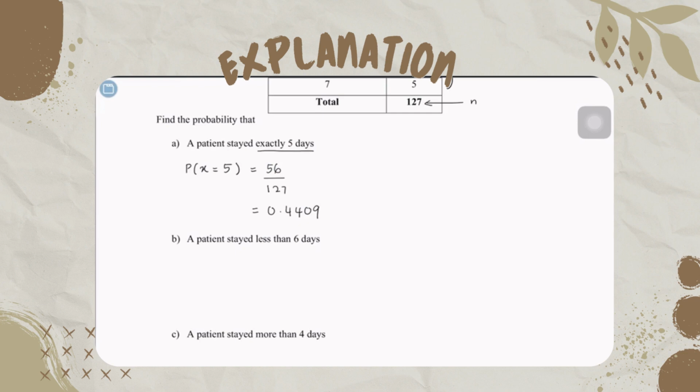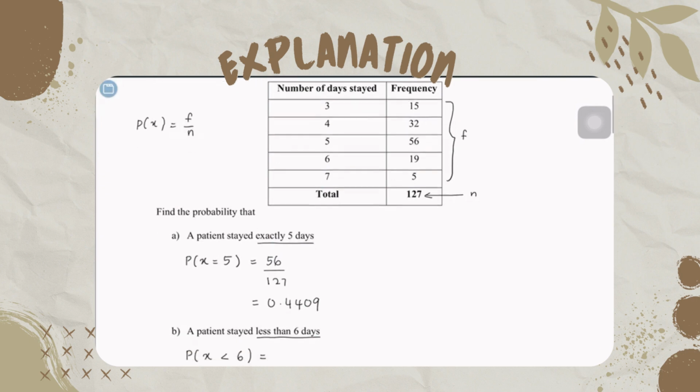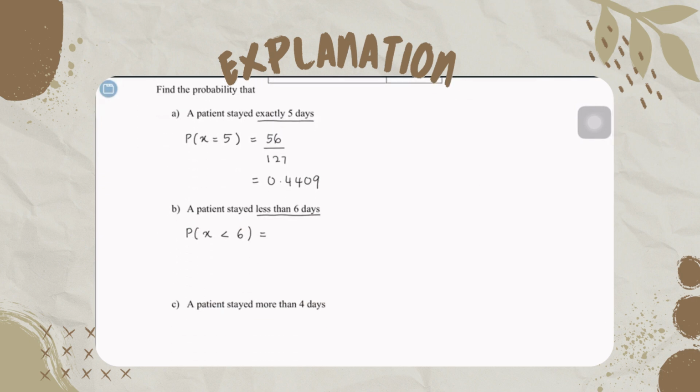Part B: a patient stayed less than 6 days. We use the formula probability of x less than 6. We go to the table and see the days less than 6. After we get all of the frequencies, we add all of them: 15 per 127 plus 33 per 127 plus 56 per 127.